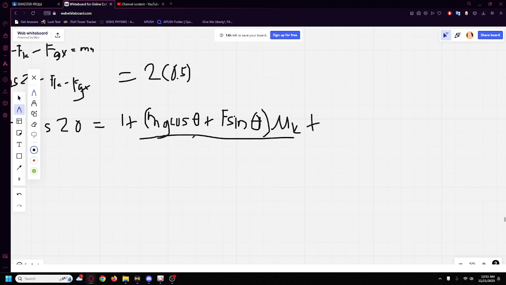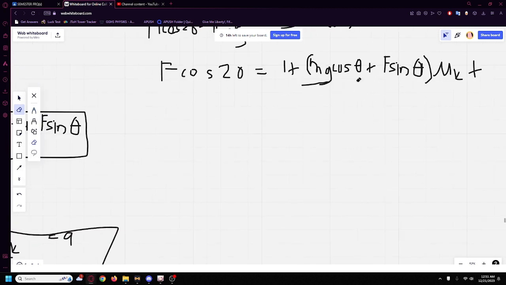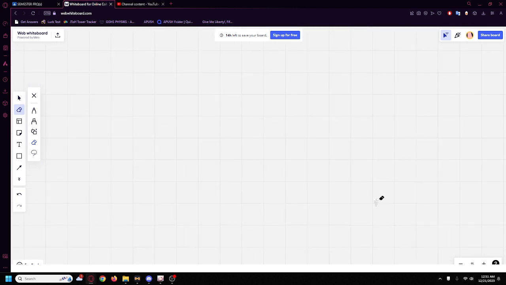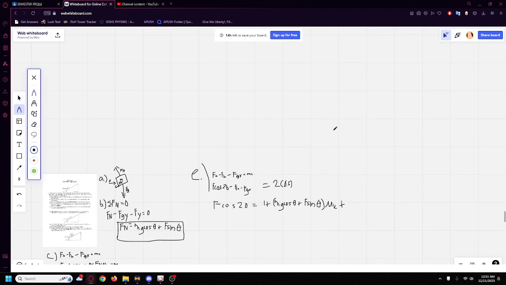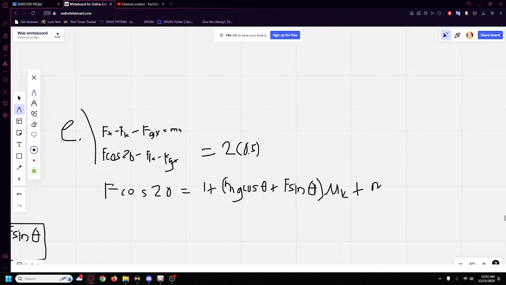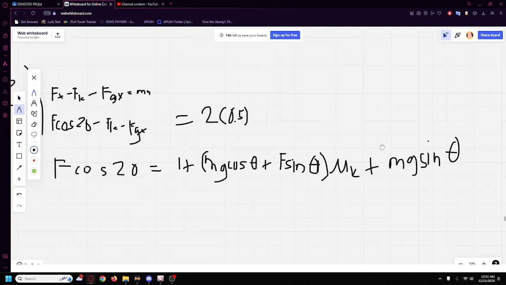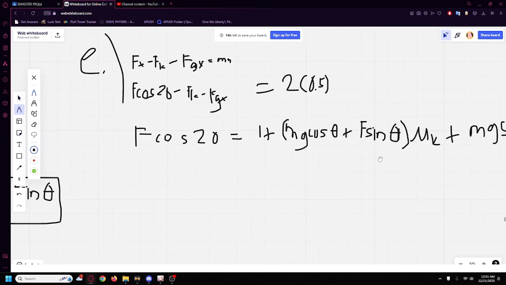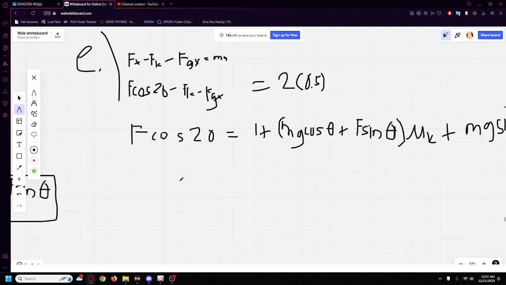Plus F_gx is the same thing as mg sine theta. So you plug in the numbers, and you divide by cosine 20.